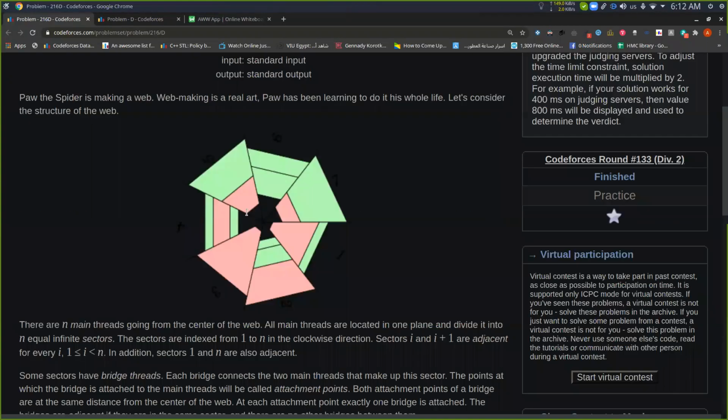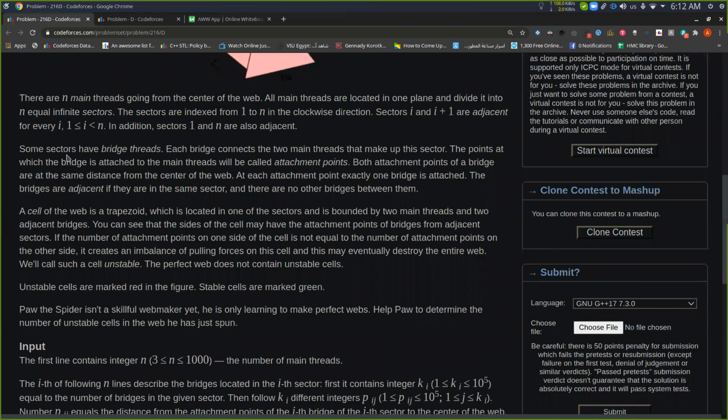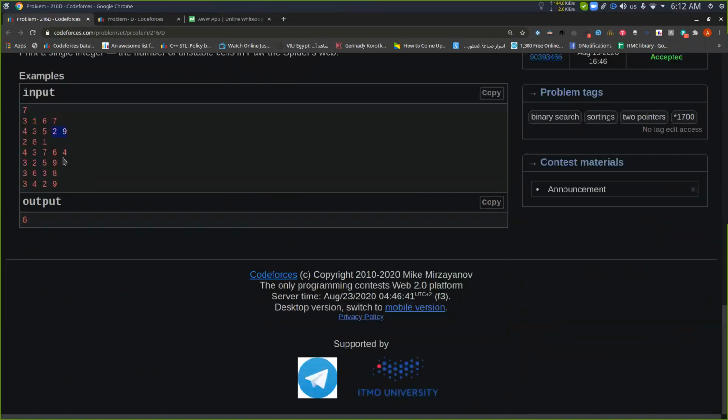I want to check another cell. Let's check 2 and 9. So 2 and 9 is a cell starting from 2, ending at 9. So it's not sorted. Okay, to see if this is stable or not, we will check the previous sector and the sector after it, and count the number of bridges that are within 2 and 9 in these two sectors, right?